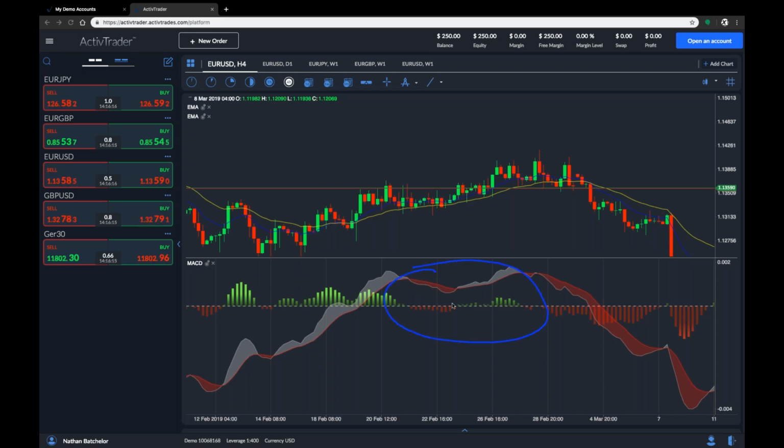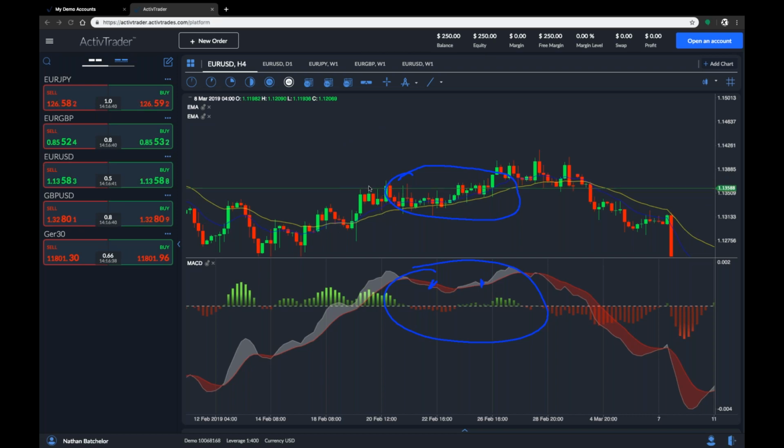So here you can see the histogram is very small. The bands are very close together, which is the representation of the histogram, but in the moving averages. And here you also see that there's not a lot of movement within the price. So if you were to do that on a smaller time frame, you would get chopped up quite quickly.